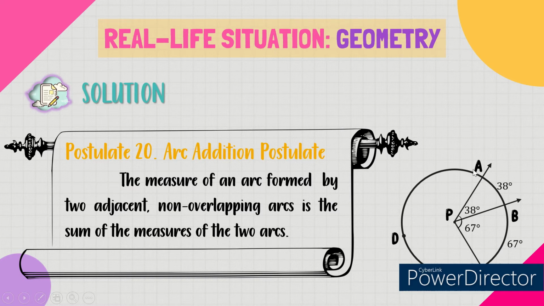And the measurement of a minor arc is always equal to the measurement of its corresponding central angle. That's why arc AB, which is 38 degrees, is equal to its corresponding central angle APB, which is also 38 degrees, and the same goes for arc CB and angle CPB.